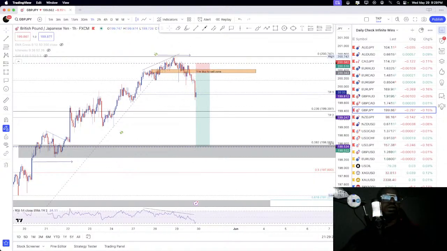So from here, we need to check on gold. If y'all got that Pound JPY, make sure you close out one of those positions because we just hit TP1.